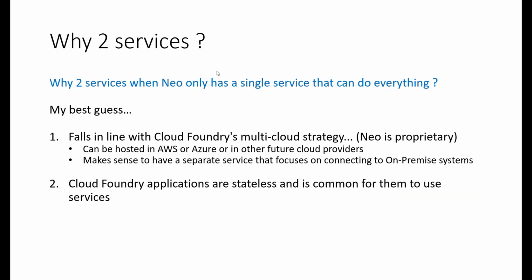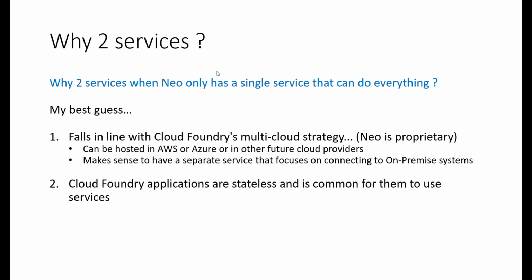Now, many of you may ask, hey, why did they split it into two services? In Neo, we only had a single service that could do everything, connect to the internet, connect to on-prem. I'm not exactly sure why they split it into two services, but this is my best guess, and I believe this may be true. The number one guess is it falls in line with Cloud Foundry's multi-cloud strategy.